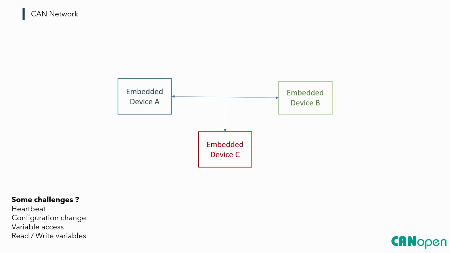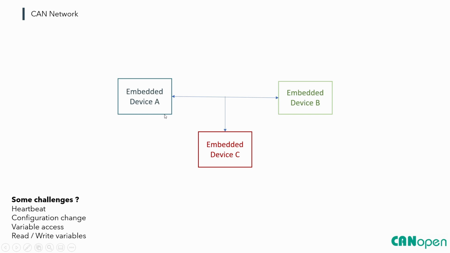Here we have the CAN network that we were talking about. We have three devices that want to communicate with each other, but there are some challenges here. First, let's discuss the basic communication. Let's say device A wants to transmit a CAN packet.